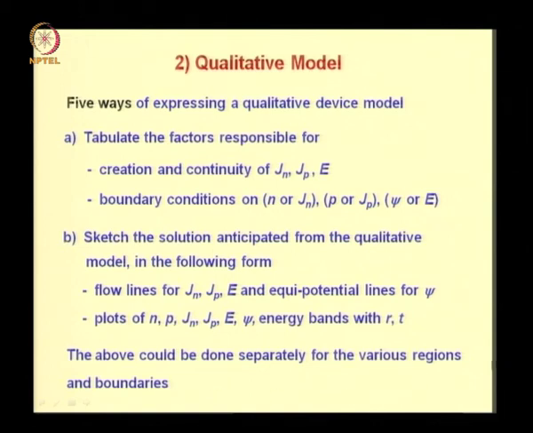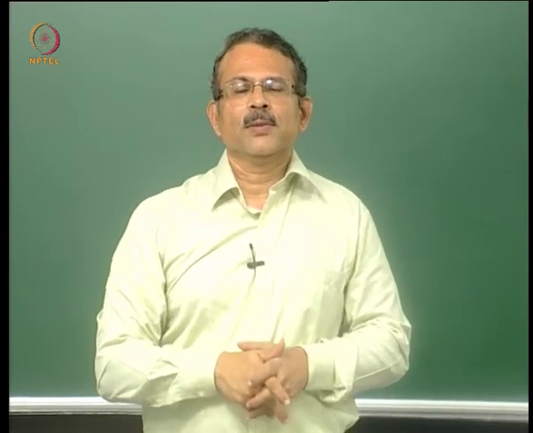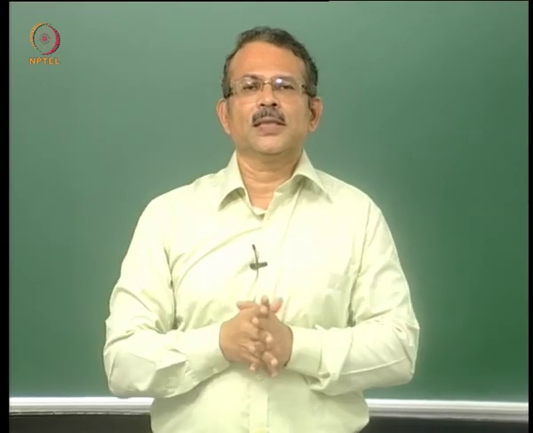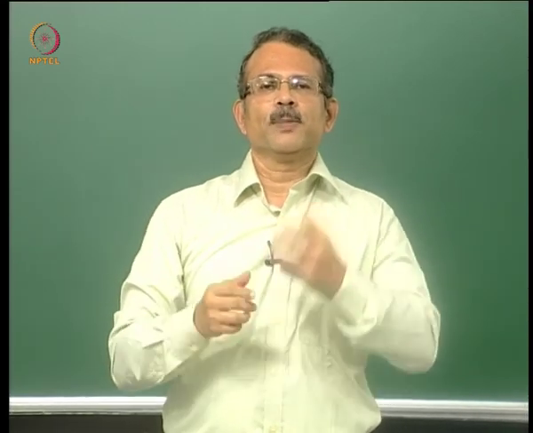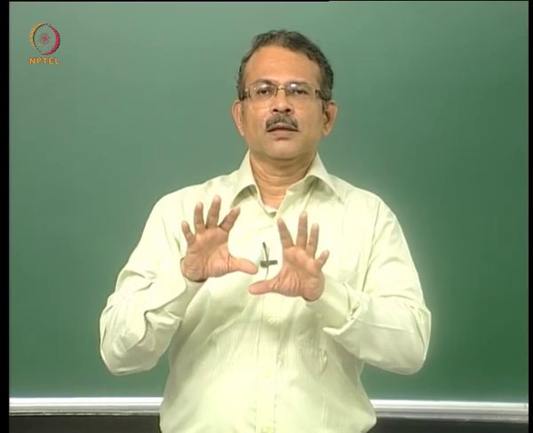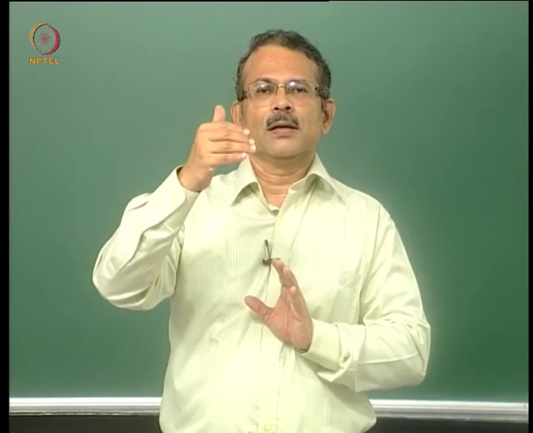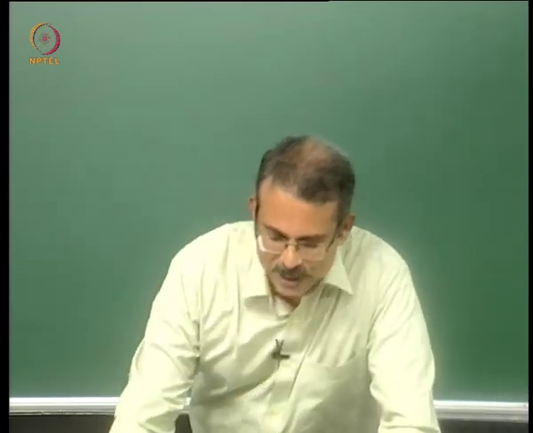So we have discussed a couple of minutes ago that you can have space charge regions, neutral regions. Your regions may differ in material and boundaries could be contacted or non-contacted. So you can do the exercise that we just now discussed separately for each of these situations.